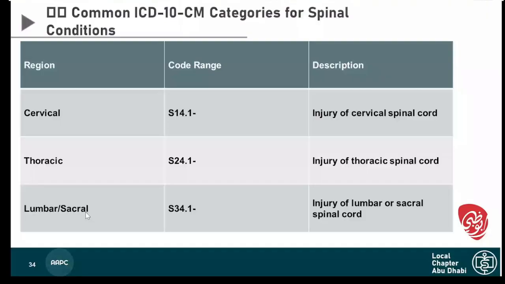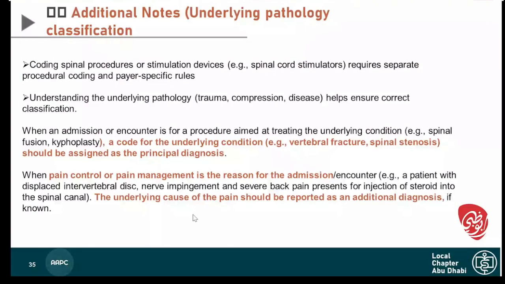Then one ICD-10-CM coding guideline we have is that coding spinal procedures or stimulation devices requires separate procedure coding, by specific rules. Understanding the underlying pathology helps ensure correct classification. That means when an admission or encounter is for a procedure aimed at treating the underlying condition, a code for the underlying condition should be assigned as the principal diagnosis.